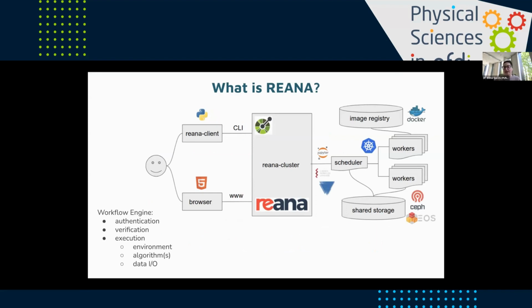But what's interesting in this context is that this workflow engine takes care of all these steps. From authentication, from verification of our analysis, and then executing our analysis in a very broad way, meaning both the scripts we write, but also freezing the environment and the libraries that we need to use, and also managing data input and output.